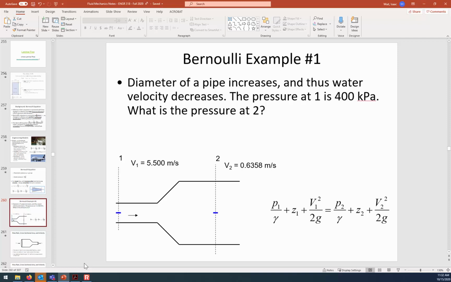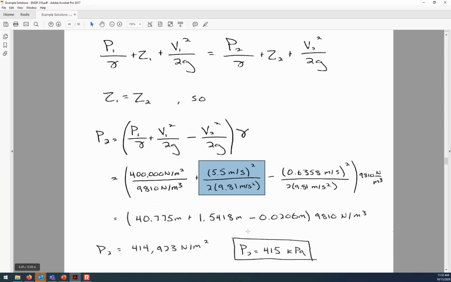So the fact that water has viscosity means that there are going to be some losses, some pipe friction losses, and some turbulence when the pipe diameter is expanding. And so the actual pressure at location 2 would be less than this. This is just a theoretical value of the pressure at 2. But in reality, if you observe it with a pressure gauge, it would be lower than that because water is not inviscid.